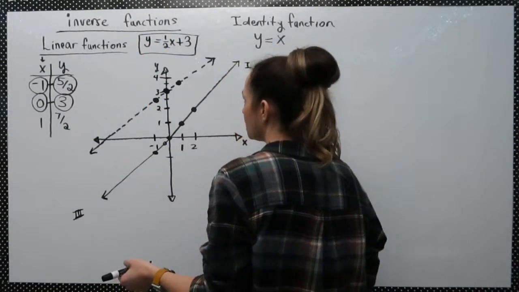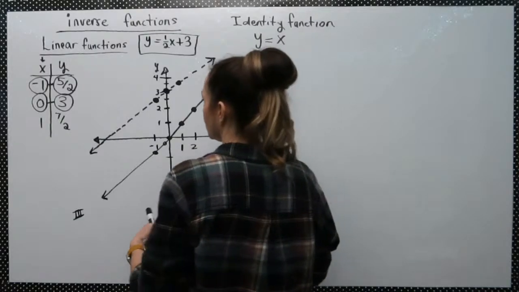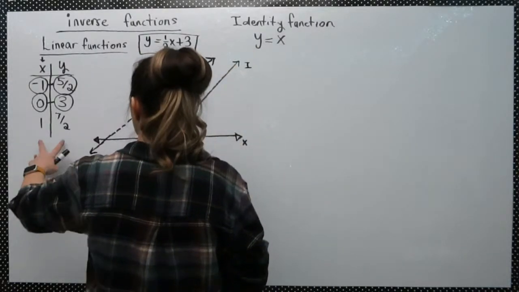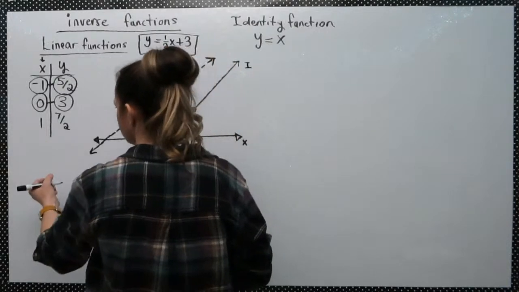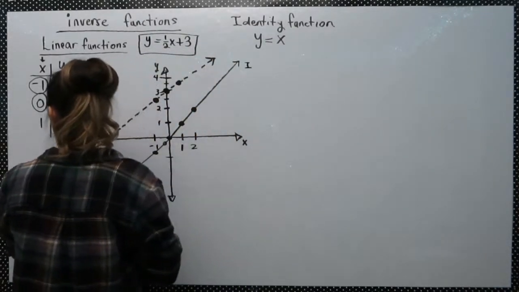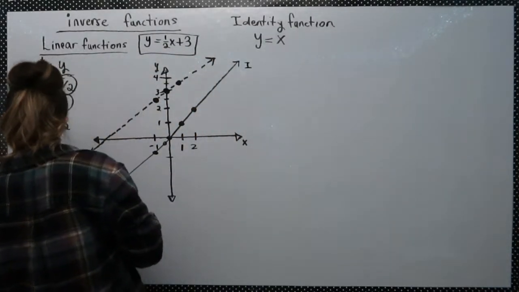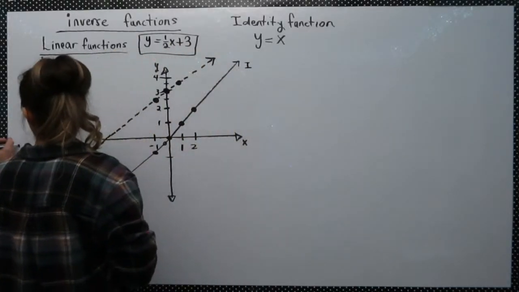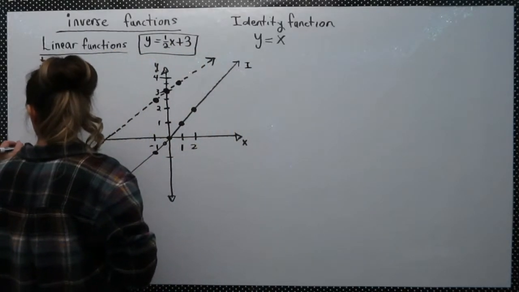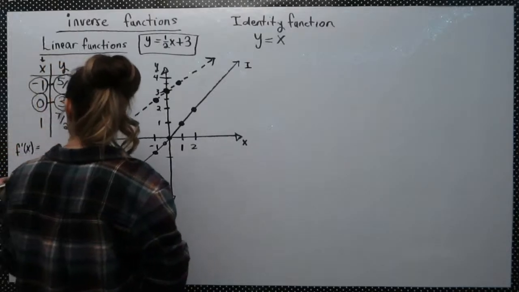And this is typically for any function. So if I had the ordered pairs, I could swap them out, which is what we're going to do. So if I want to graph the inverse function, okay, so this is f inverse of x, okay.